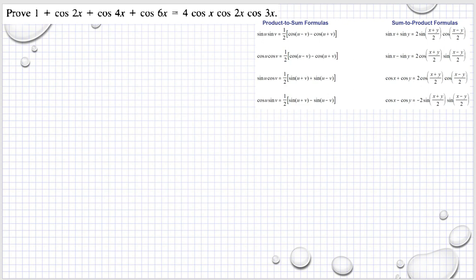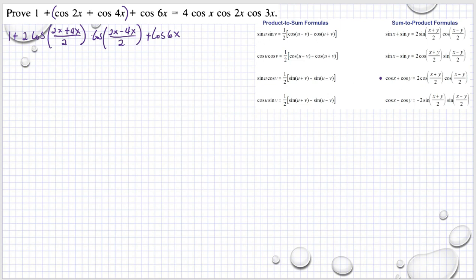Okay, let's try to group this. If we can group this, then we can see that we have cosine there, plus there. Then we have 1 plus 2 cosine 2x plus 4x over 2 cosine 2x minus 4x over 2 plus cosine 6x.